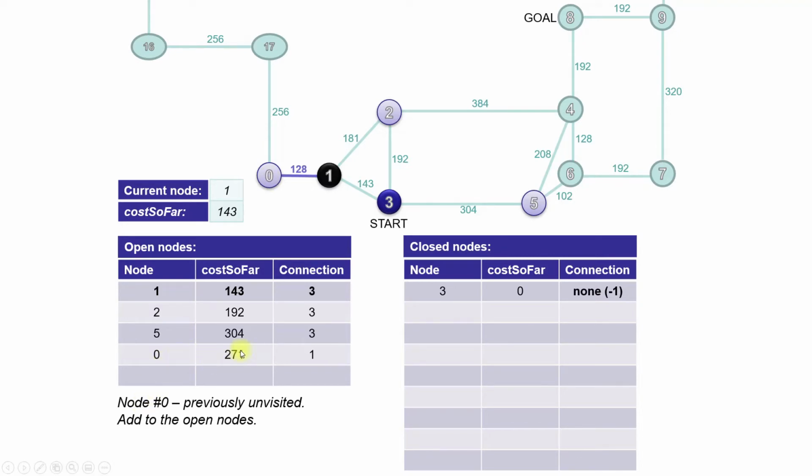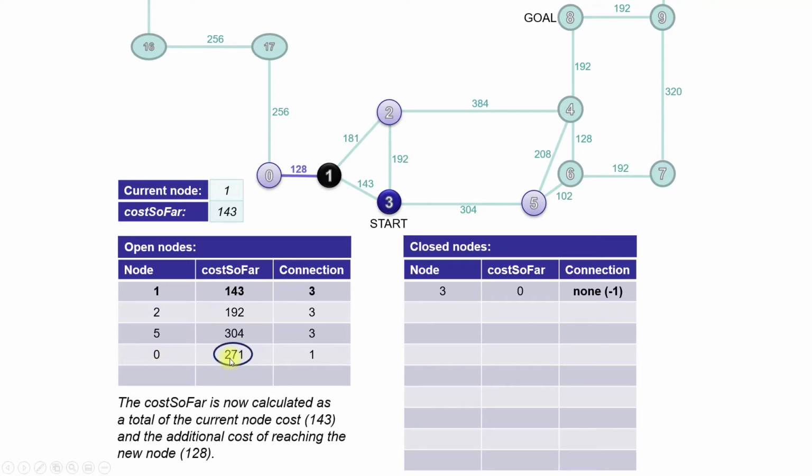But its cost so far is calculated as a sum of the current node cost so far, so 143, and the additional cost of reaching the new node from the current node, so it's 143 plus 128, it's 271. This means that this is the total cost of reaching node number 0 from the start node. And the connection for this node is our current node, node number 1.